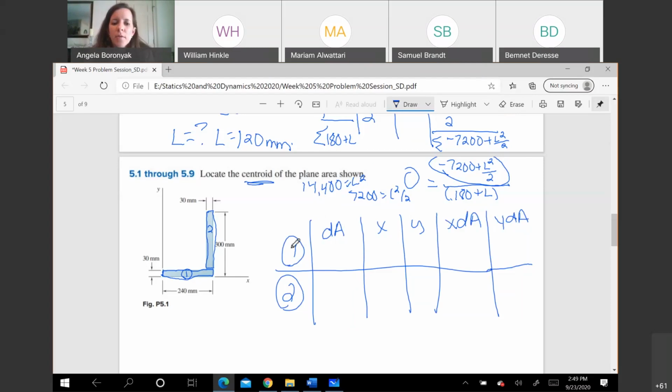So what is my area, or dA, little area, for part 1 here? Or how do I find it? Length times width, good. So my length is 240 millimeters, my width is 30 millimeters. I multiply those together, and good, I got 7,200. What about area for 2?